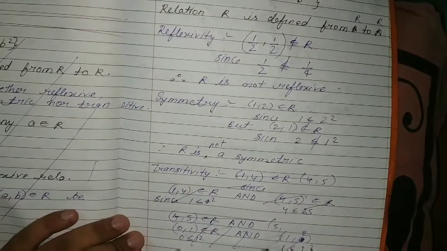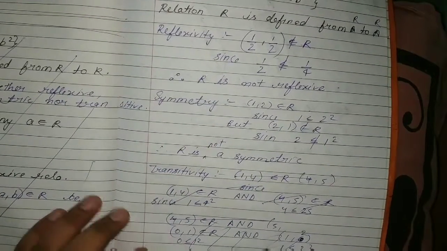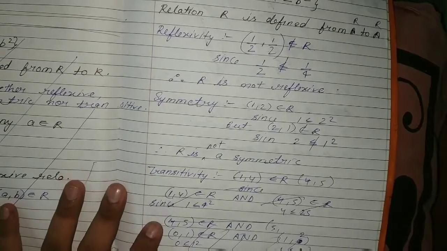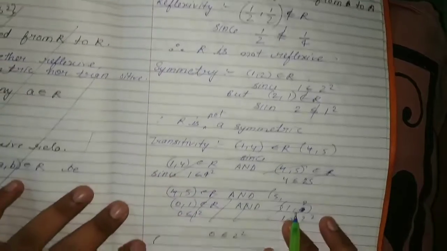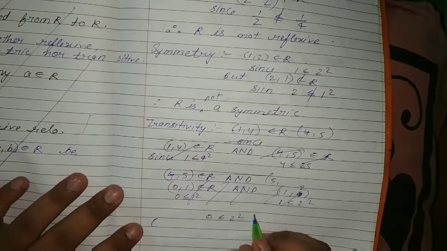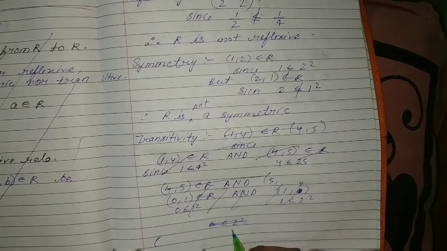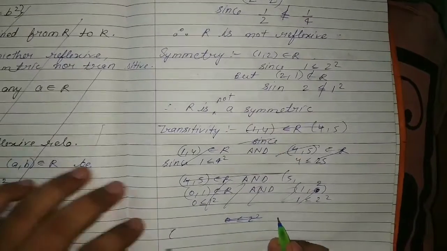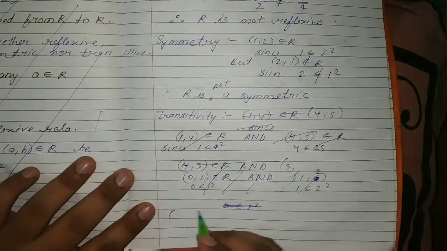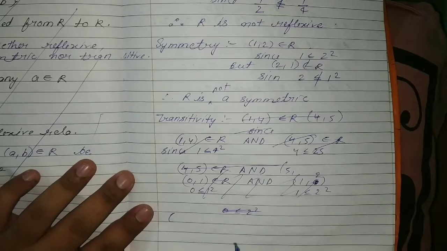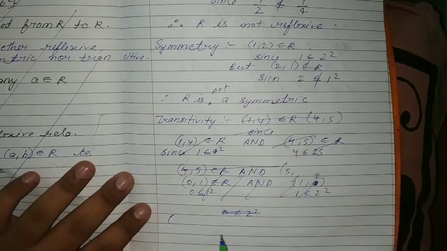Now we have to falsify the transitivity. We have to prove that it is not a transitive relation. Guys, just a minute. For proving this statement wrong, we have to prove that it is not transitive.